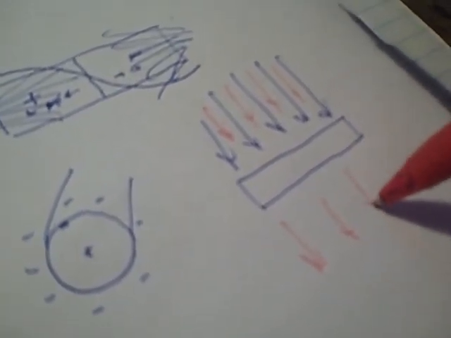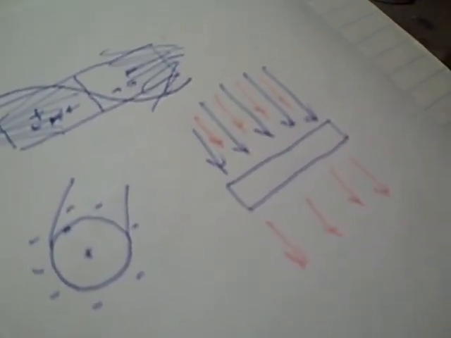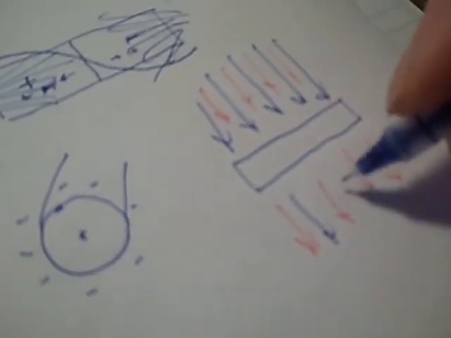So it comes in mixed and it goes out mixed. And what's happening is when you put a current through it, when you charge it with an electric potential, then this is now being polarized. And so the reds are now blue and these blues are now red. And that's the difference.